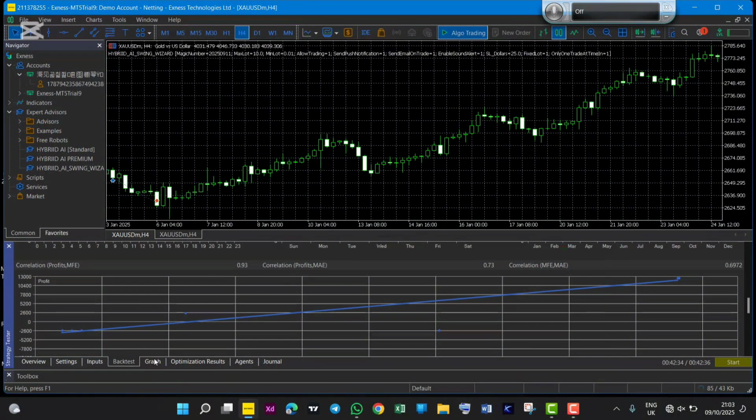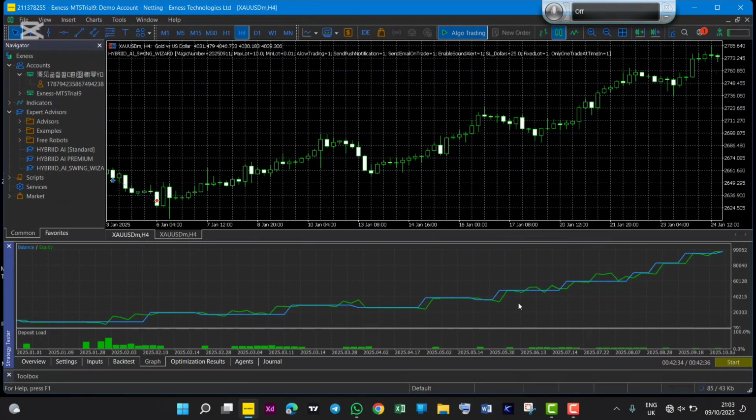Go to graph. Look at our equity curve. The robot is very, very consistent in terms of growth, from 1st January to October 3rd.